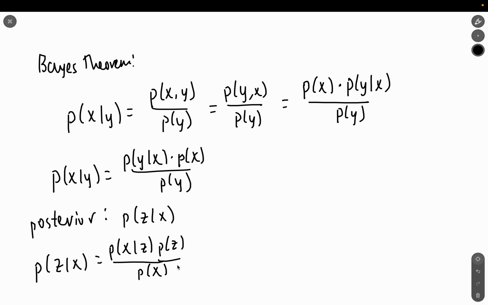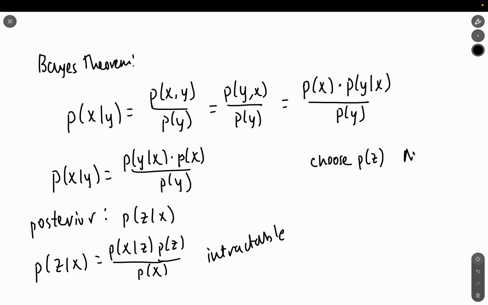And again, we have an issue. This computation is also intractable. Why? Because remember before, computing p of x was intractable because it dealt with that crazy integral. So by the same reasoning, computing p of z given x, because it includes p of x in it, is also going to be intractable. So we're stuck here. Let's do a quick review. We choose our p of z, and that's all good.